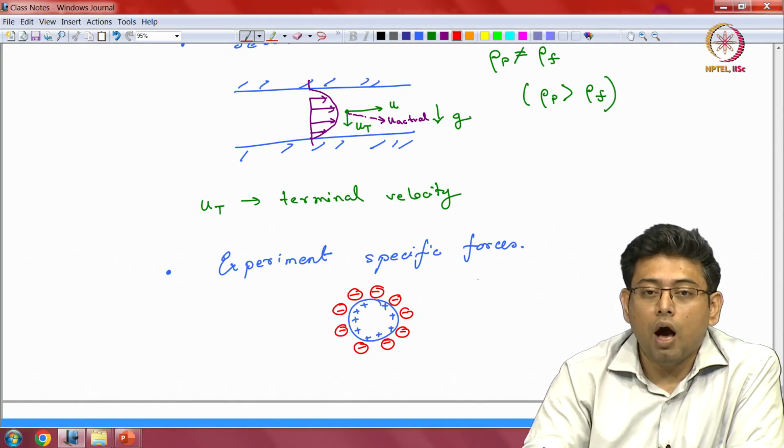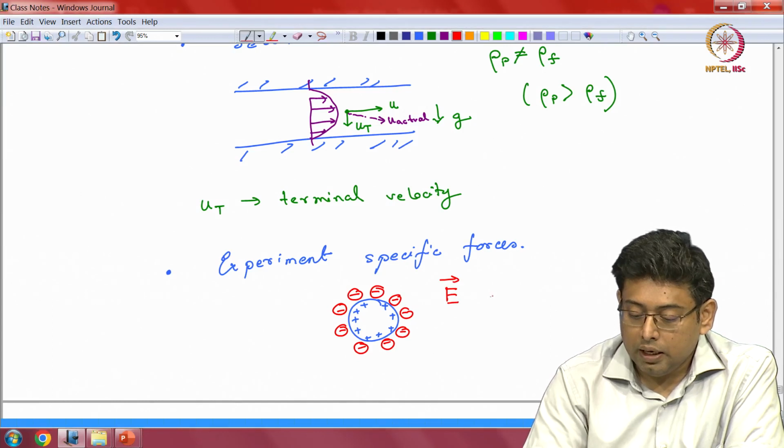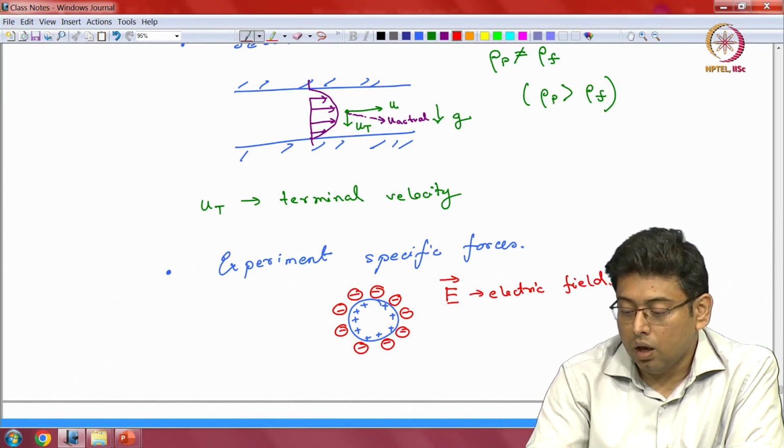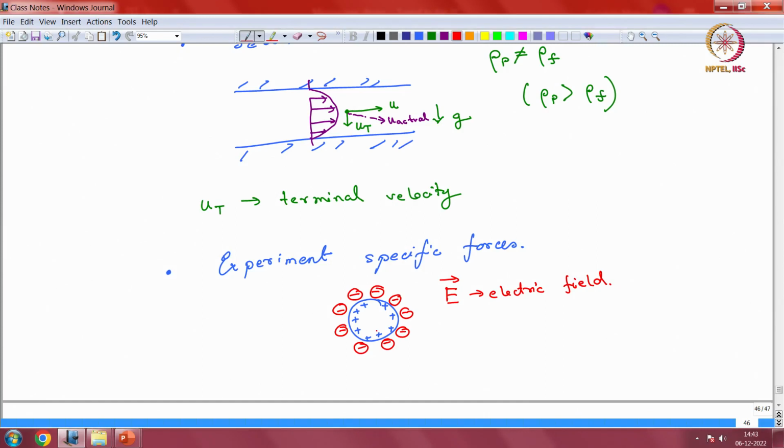So, if you now apply an electric field into this system, where E stands for electric field, the electric field is going to make this particle move, right. So, the electric field will affect it, even though the system is effectively charge neutral here.